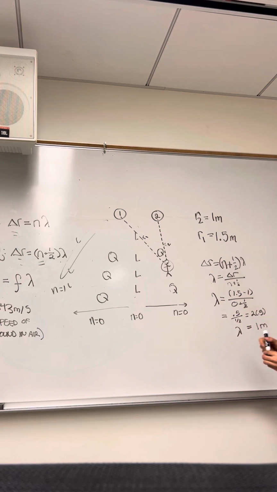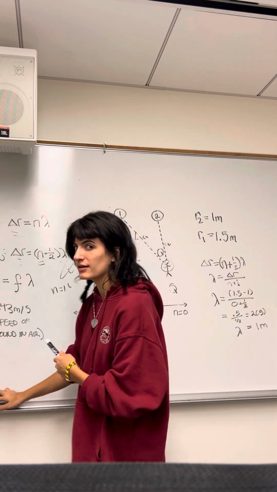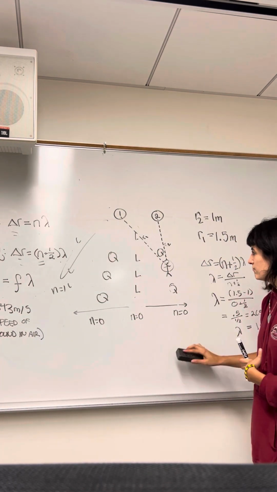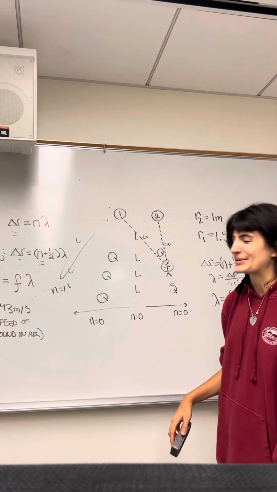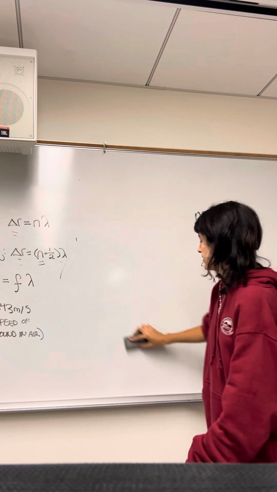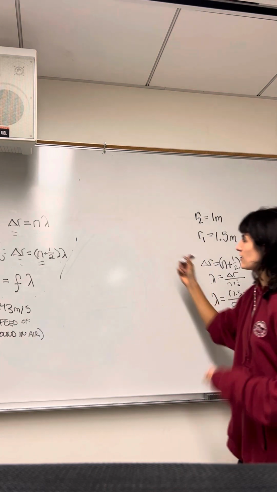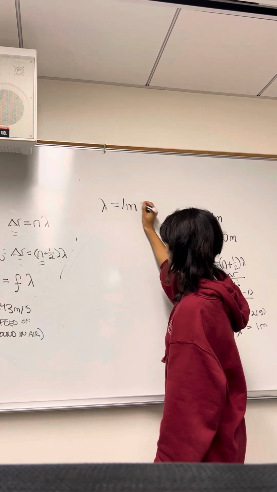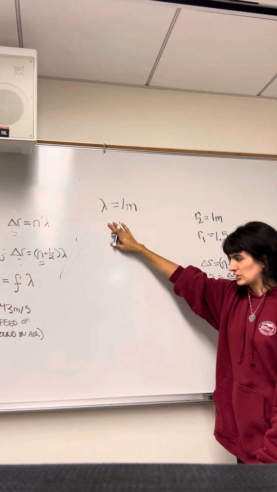Awesome. I'm going to erase this part right now. You'll be able to go back in the video and find it. Okay, so now that we have that lambda is equal to 1 meter, I'll write that up here.